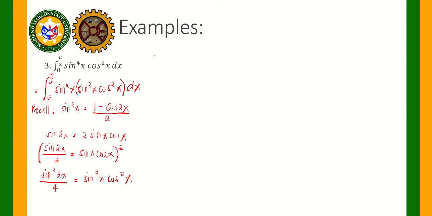So we can now plug in yung mga values dito. So this is equal to the integral of what is sine squared x, that is 1 minus cosine 2x all over 2 multiplied by sine squared x cosine squared x, which is sine squared 2x all over 4. And don't forget si dx natin.